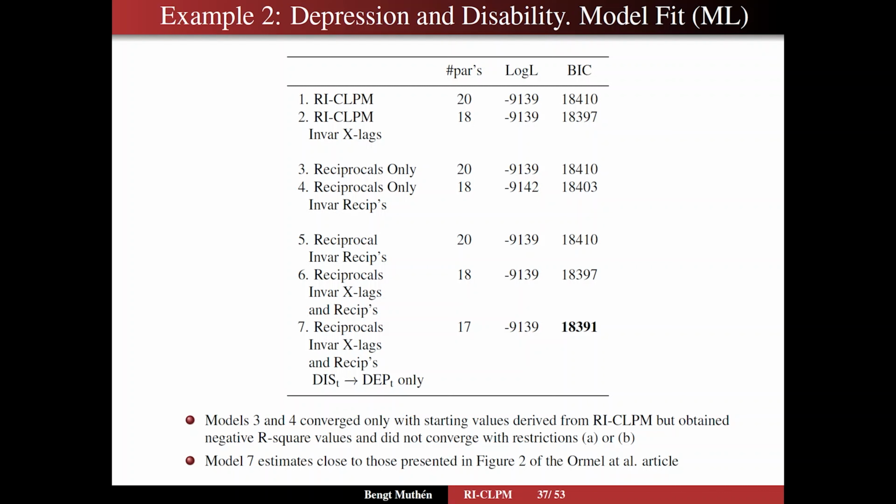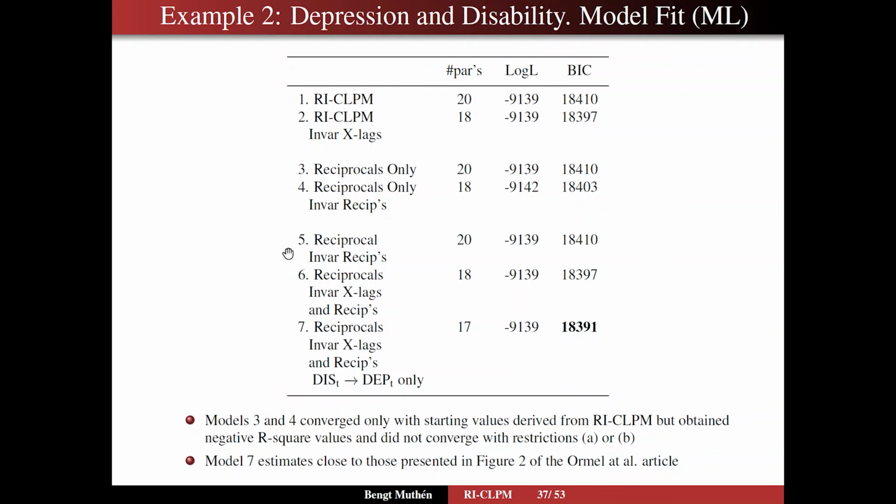So you see that imposing invariance of reciprocal effects does not fit as well in this case as imposing invariance of cross-lagged effects. We'll see in other examples that it's the other way around quite often.